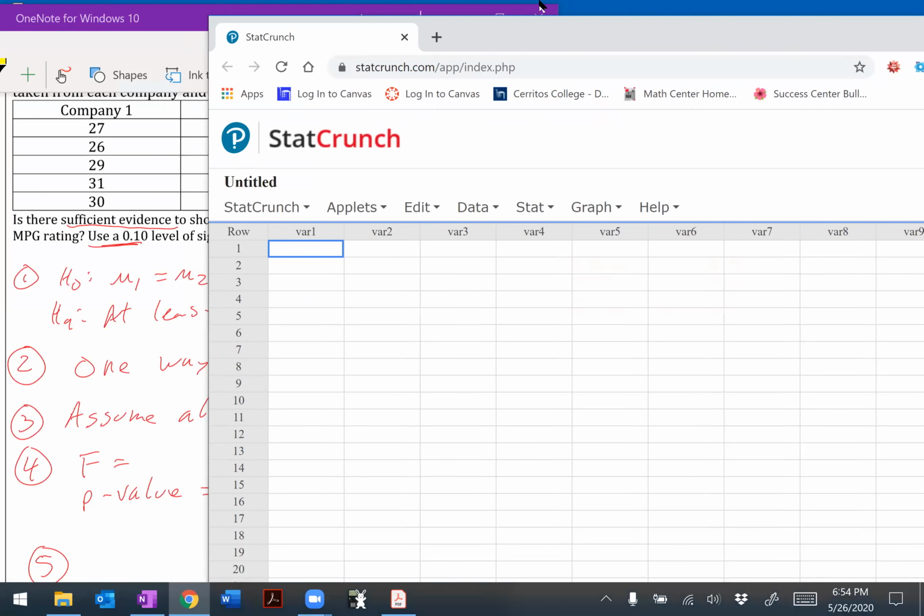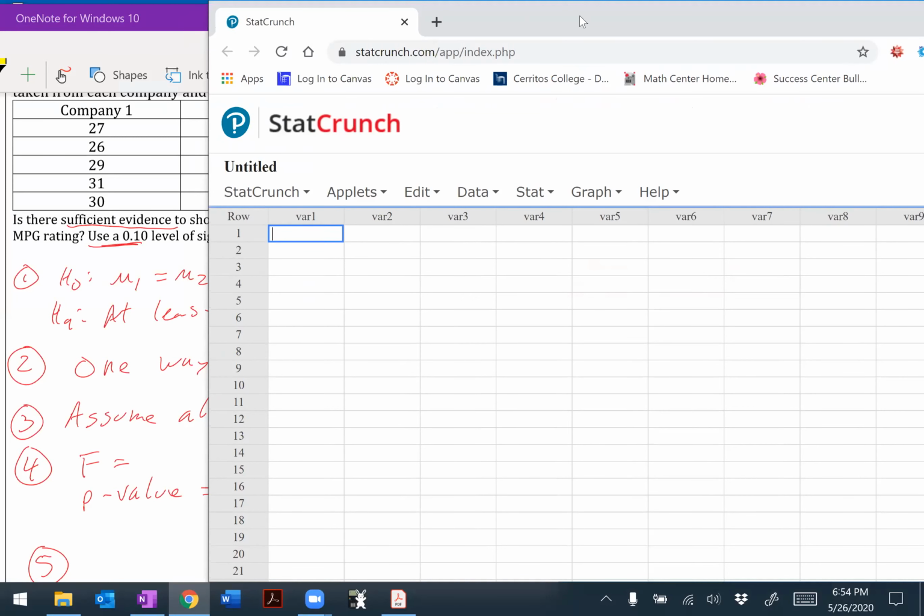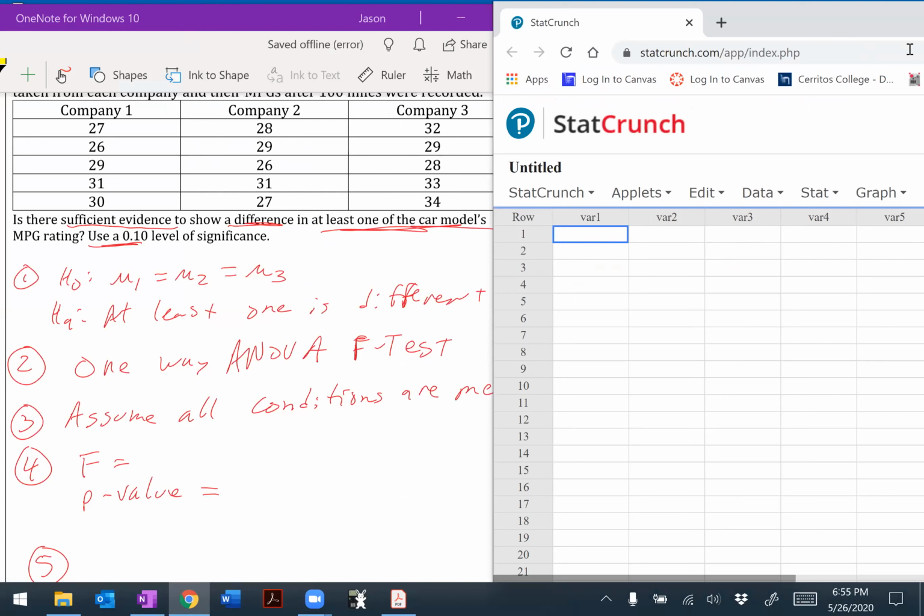For our first one here, we're going to have 27, 26, 26, 29, 31, 30.